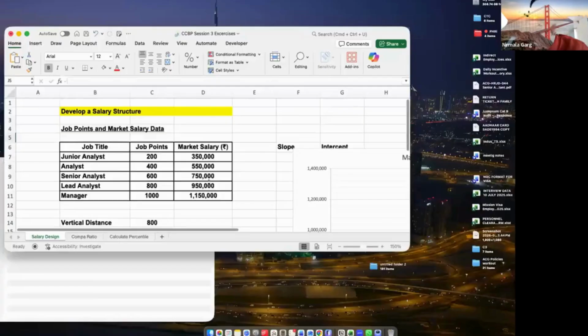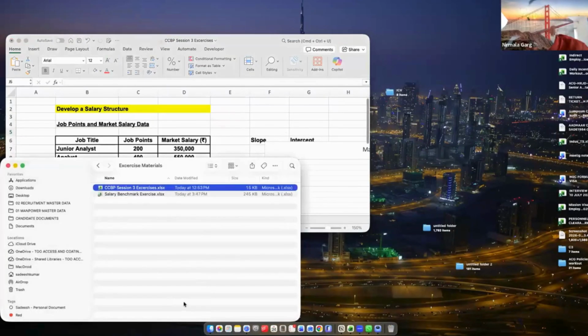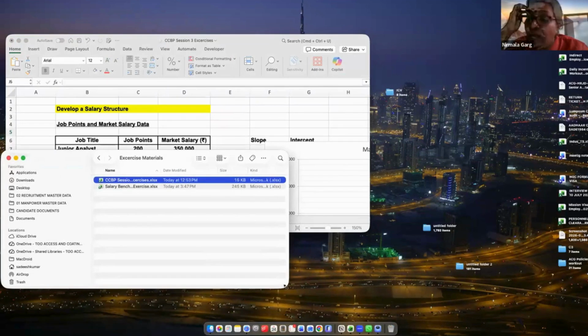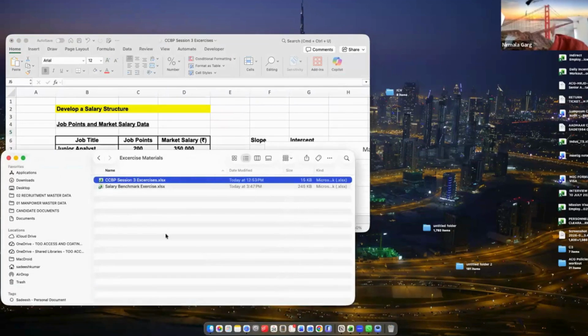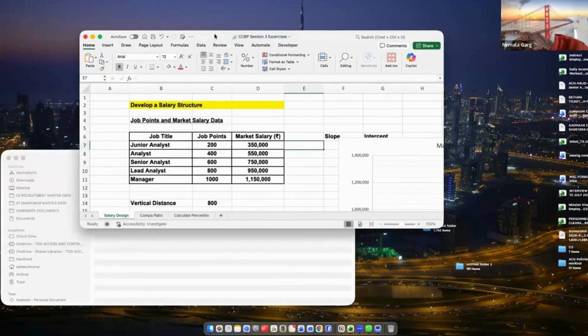I hope the session gave you some clarity on what external equity is, what a salary survey is, how you collate and analyze data, how you look at percentiles, how you get to know your market position and where you want to be, and then how you make that market correction and build salary ranges or salary bands.